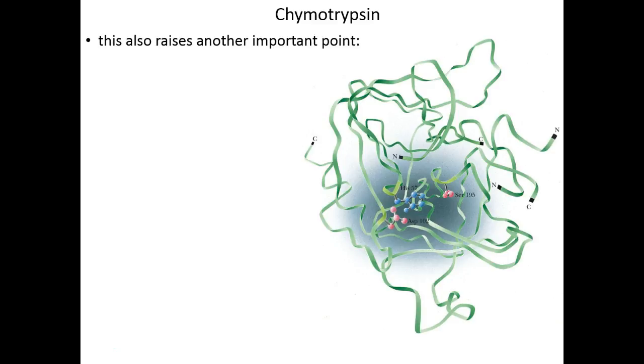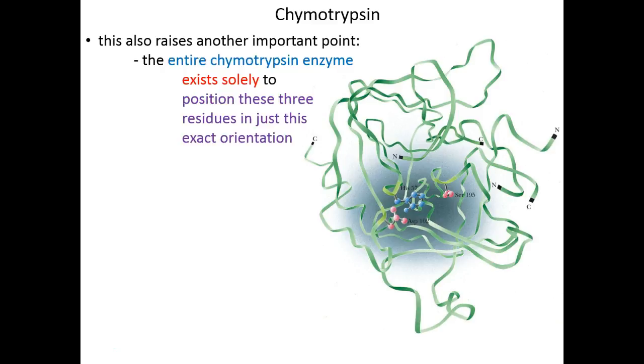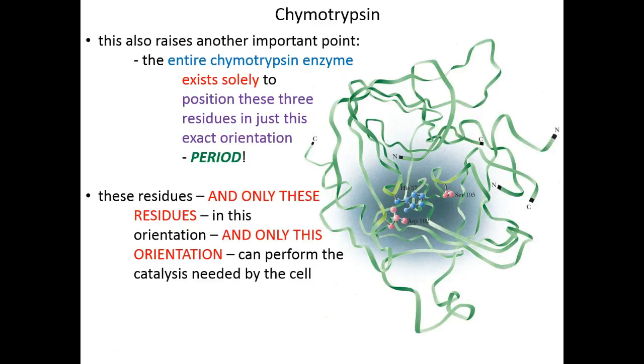This general premise that we're covering here is actually another important point for enzymes in general. For the most part, as crazy as it sounds, entire enzymes, and chymotrypsin is no exception, exist solely to position a very small number of amino acid side chains in a very specific and exact orientation in the active site. Kind of, period.